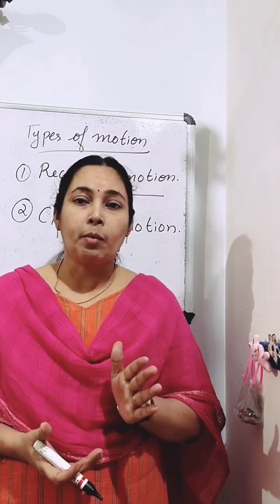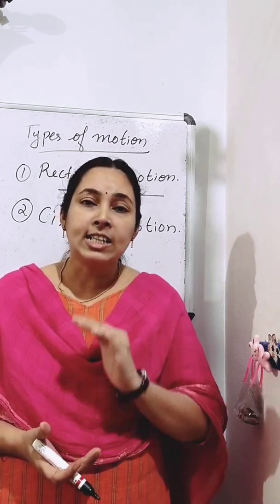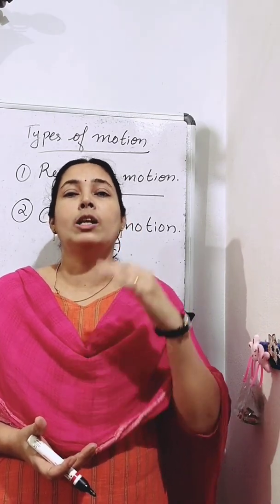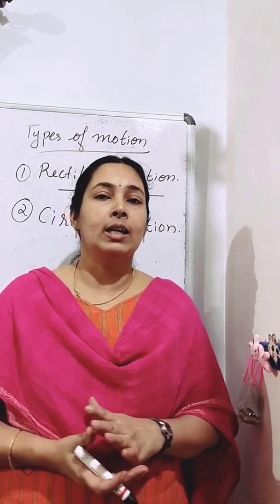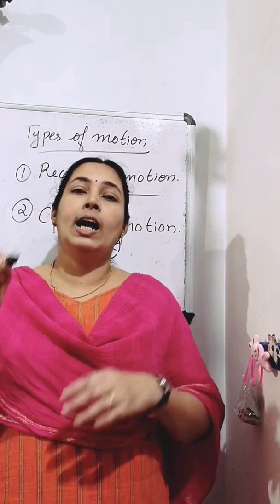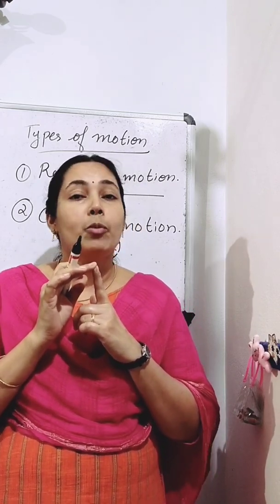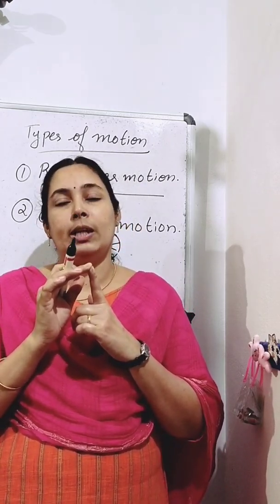So in a circular motion, an object moves such that its distance from a fixed point remains the same.